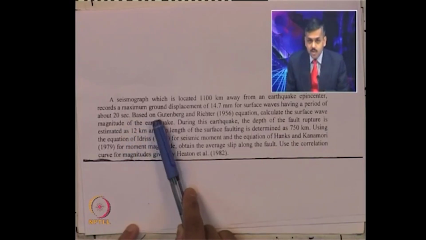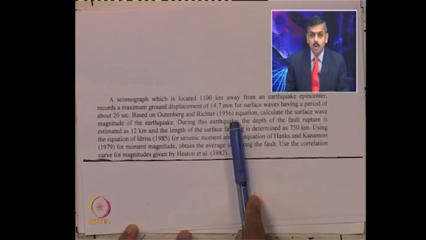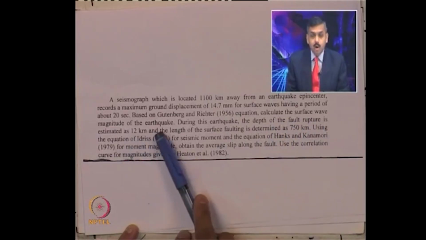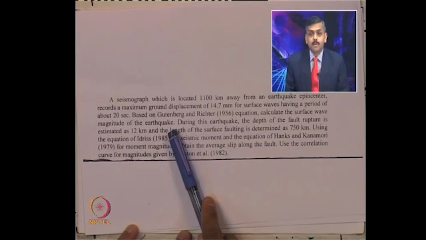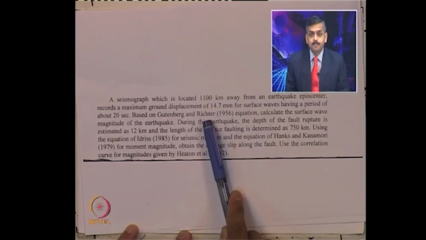So, based on Gutenberg and Richter 1956 equation, which we have discussed just now, calculate the surface wave magnitude of the earthquake. So, it is asking to calculate the surface wave magnitude using Gutenberg Richter equation for the given data.